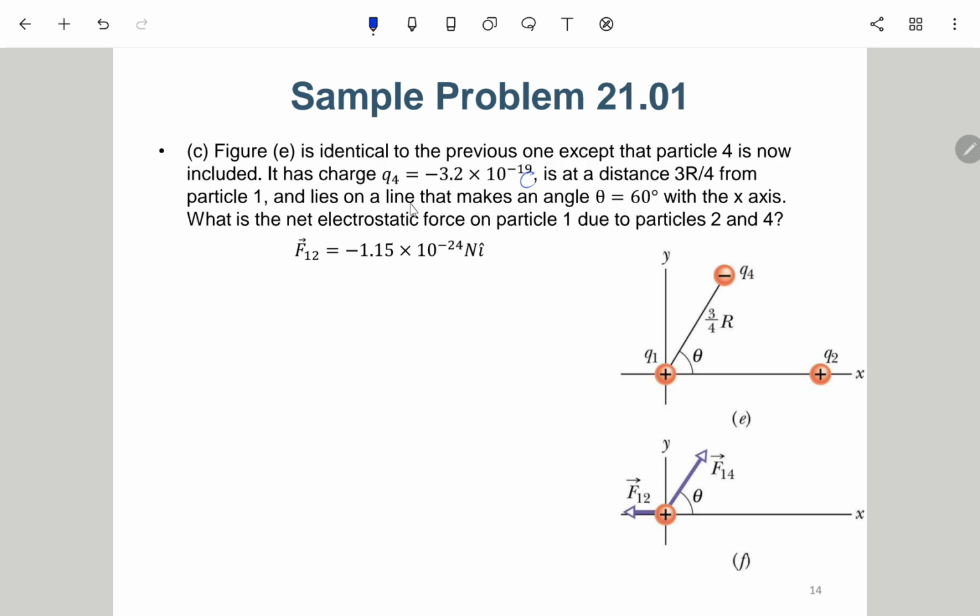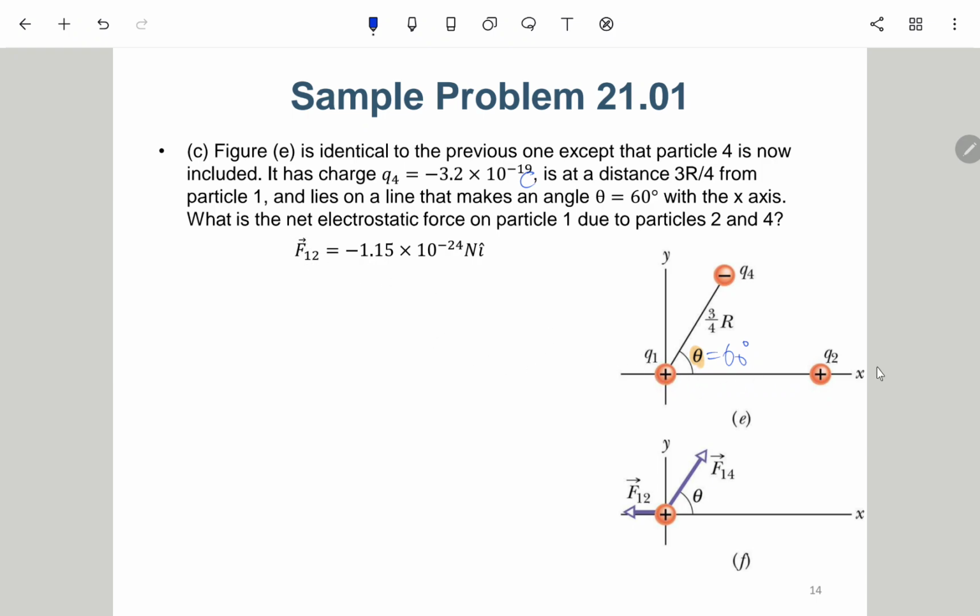It is actually lying on a line that makes an angle theta equals 60 degrees with the x-axis. Okay, so this is the theta, which is 60 degrees, and then the distance is still the same.